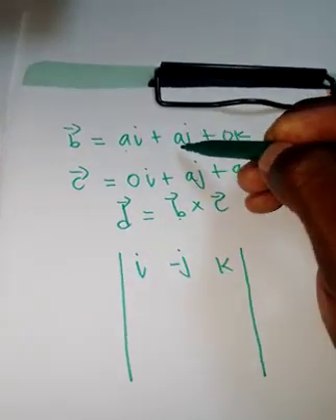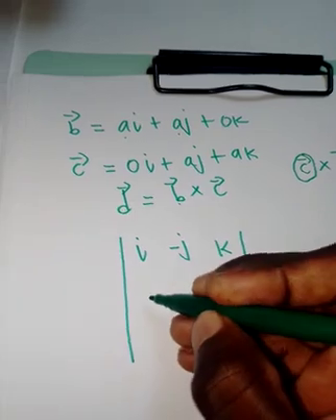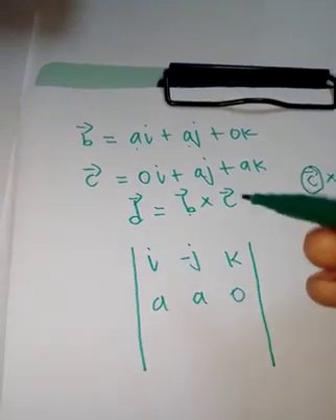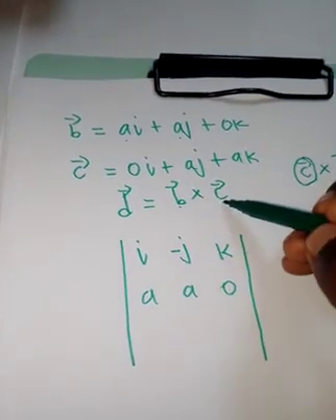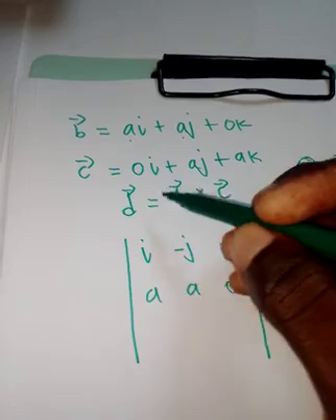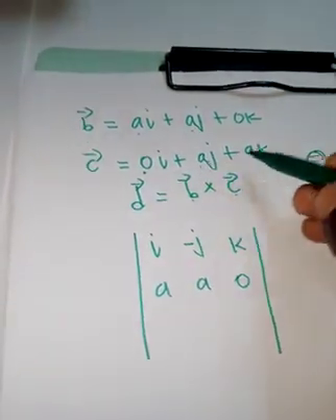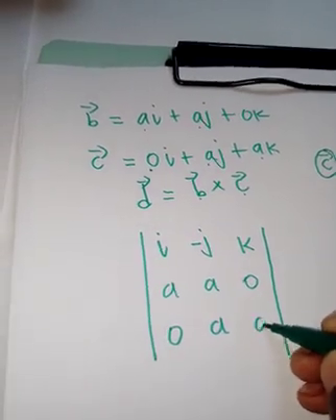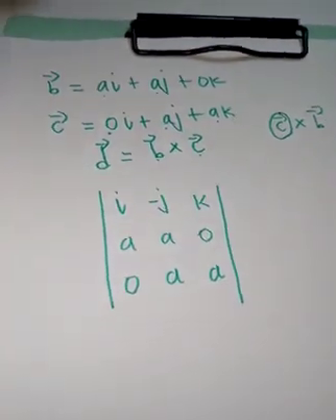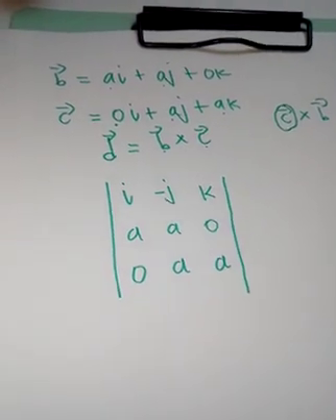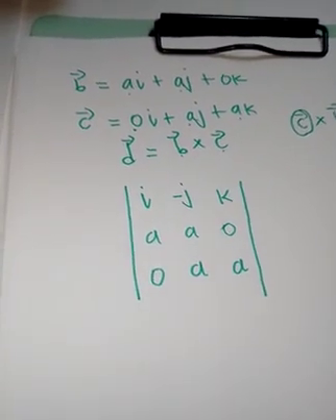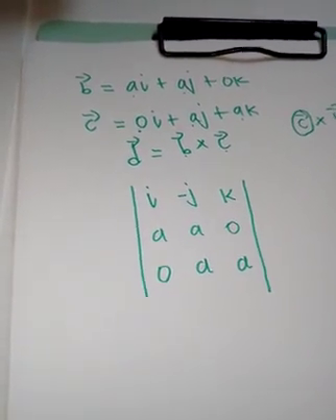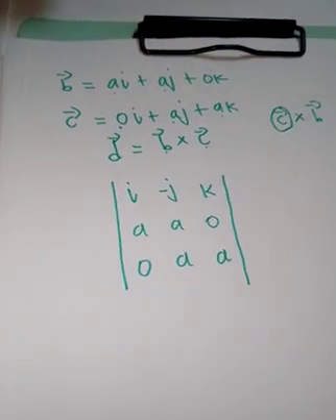That is a, a, 0. Then let's go to c, the last one. For c, this is 0, a, a. Then from there, we should break down this 3 by 3 matrix into 2 by 2 matrices.